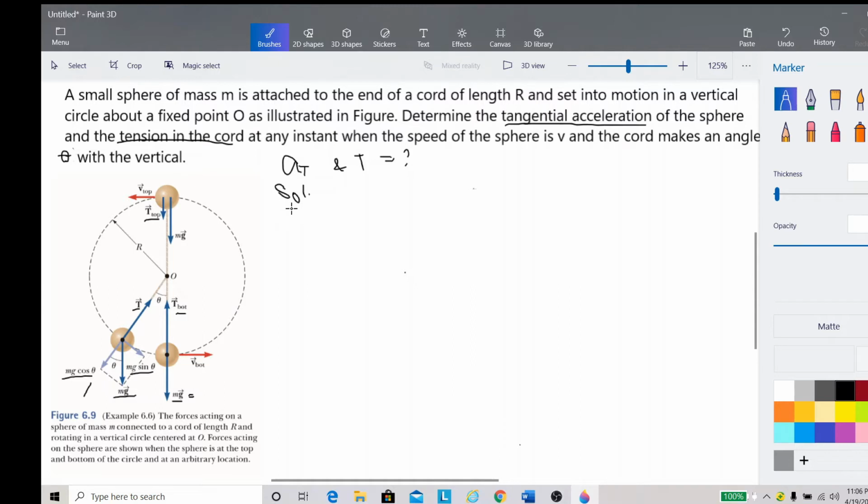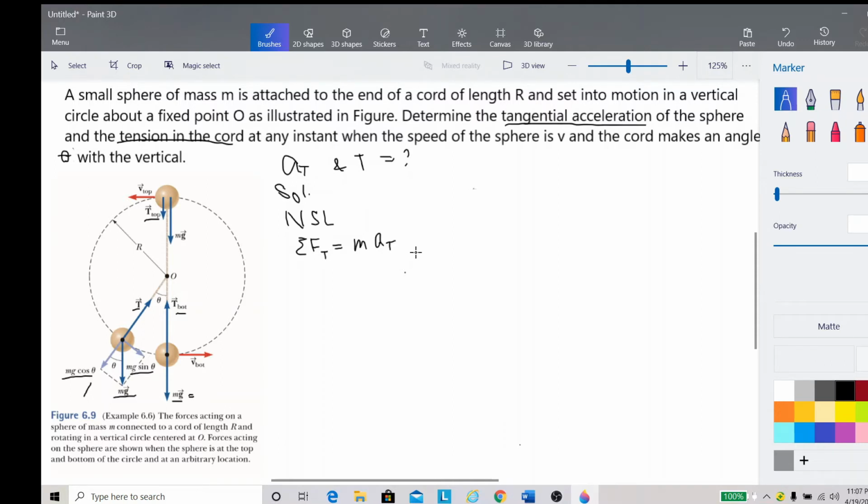If we are going to apply Newton's second law of motion along the tangential direction, the only thing we see is mg sine theta, and that will be equal to m a_t. So the summation of forces in the tangential direction is equal to m a_t.